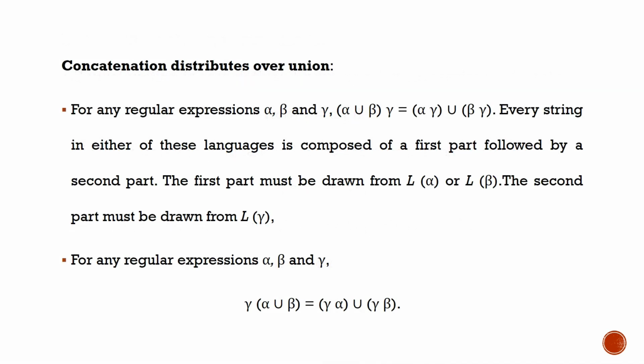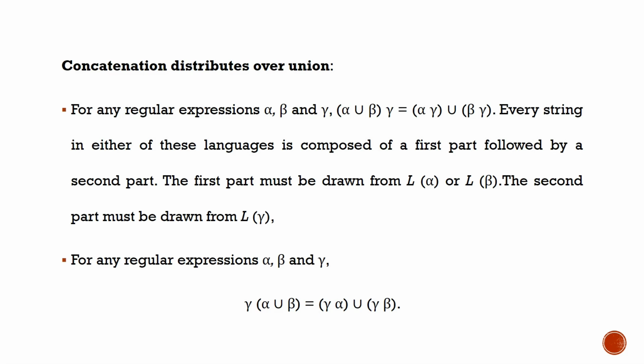Then the next law, the distribution law. If you have three regular expressions, alpha, beta, and gamma, then alpha union beta, the result concatenated to gamma, is equivalent to alpha gamma union beta gamma.